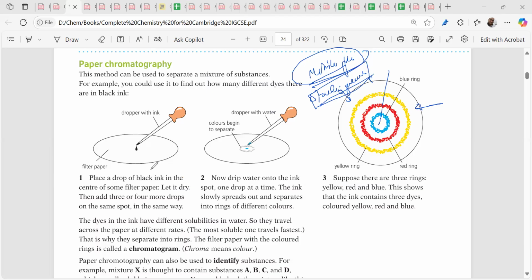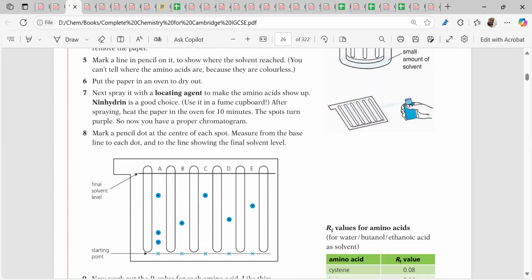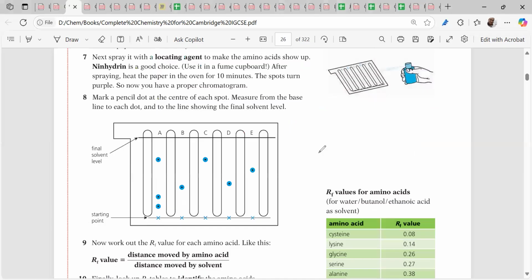Now, in this chromatography, tell me, if the solute is more traveling, what does it mean?